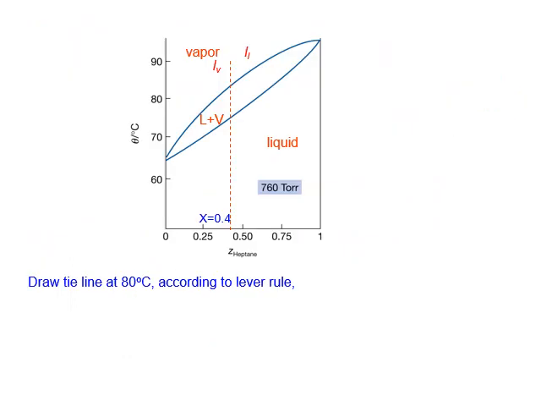In this slide, we have the two-phase region, initially at 80 degrees, so the point is here. It asks you what is N_L and what is N_V. The lever rule says N_L times L_L should equal N_V times L_V.